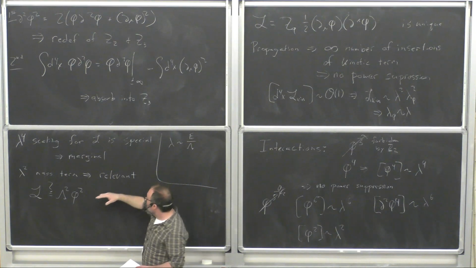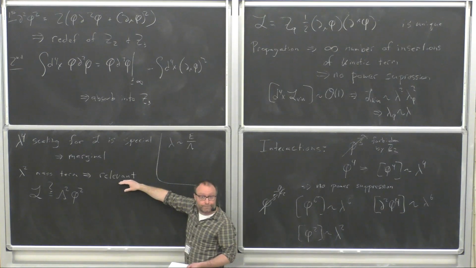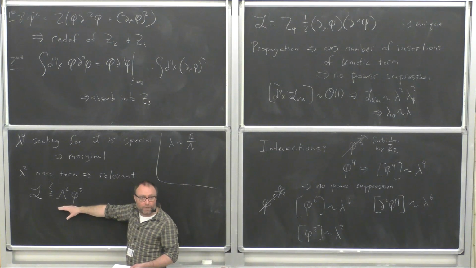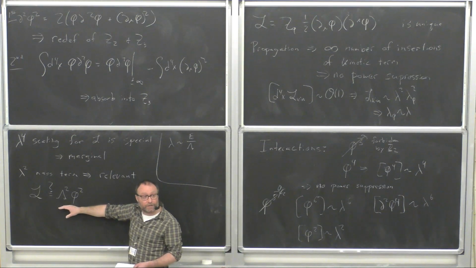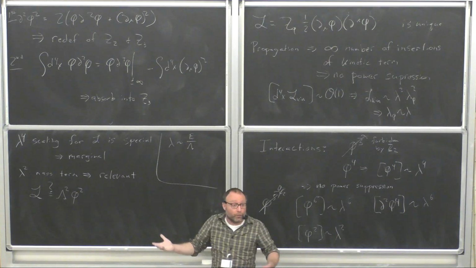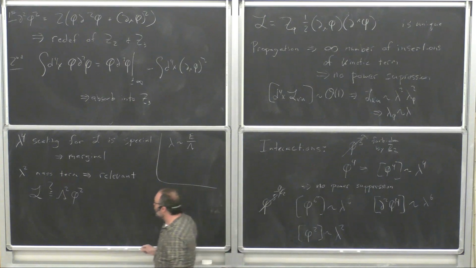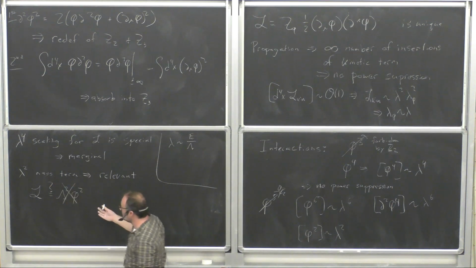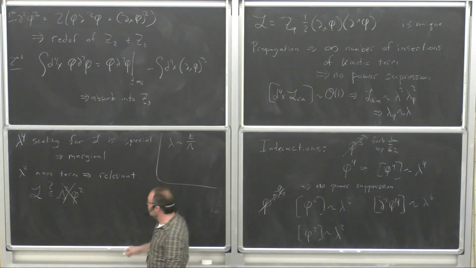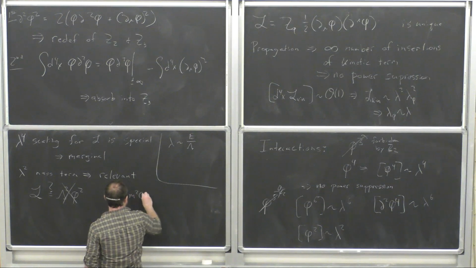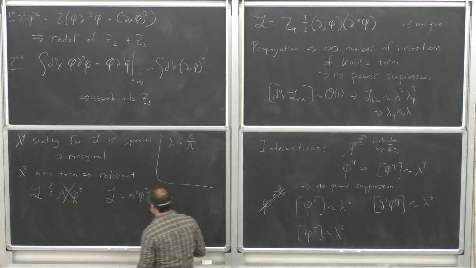So relevant operators are special in that we have to impose, if we allow them to be the size that they would naively be based on the rules of the game, then we wouldn't have a useful effective field theory at all, right? Our starting point would be broken. And so instead of this, we, by assumption, enforce that L is like m squared phi squared, okay?